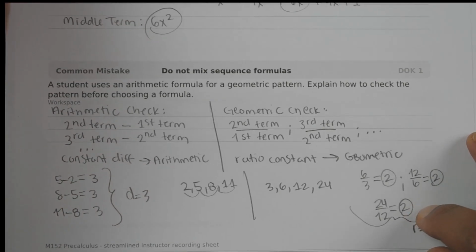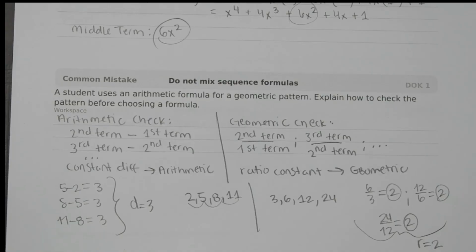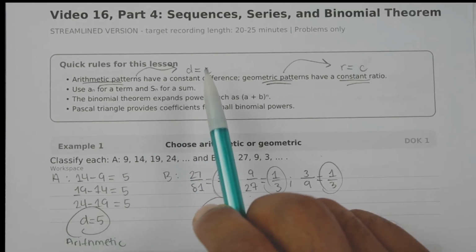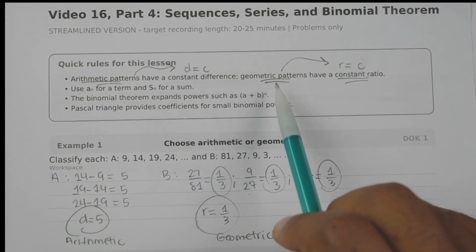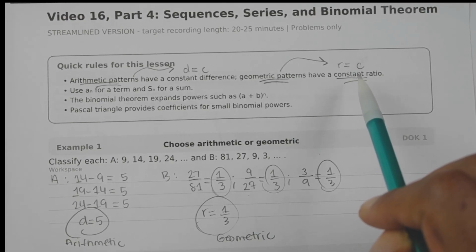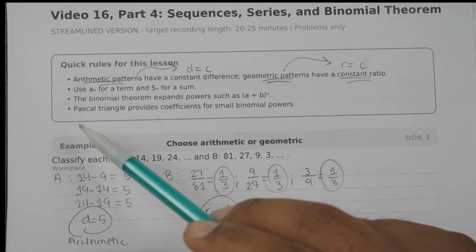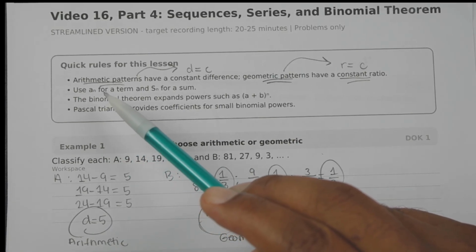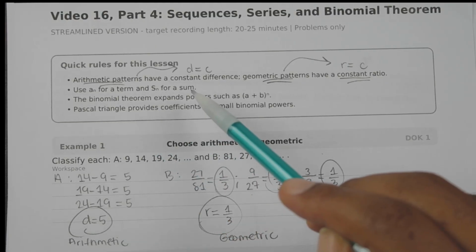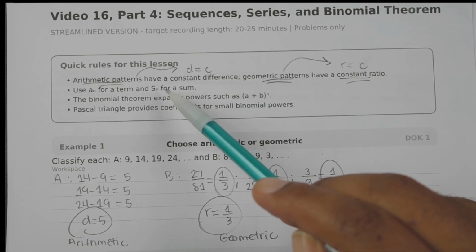All right, so the final review is this. With respect to arithmetic, there needs to be a constant difference. With respect to geometric, a ratio that is constant. When you're looking for a singular term, only use a sub n. When you're looking for the sum, you want to use s sub n.